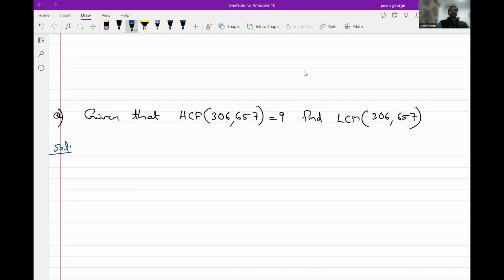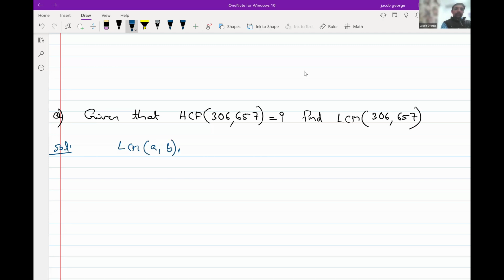So here we use the formula LCM into HCF is equal to product of the numbers. What's the formula? LCM of AB into HCF of AB is equal to A into B. Okay, we will apply that formula.